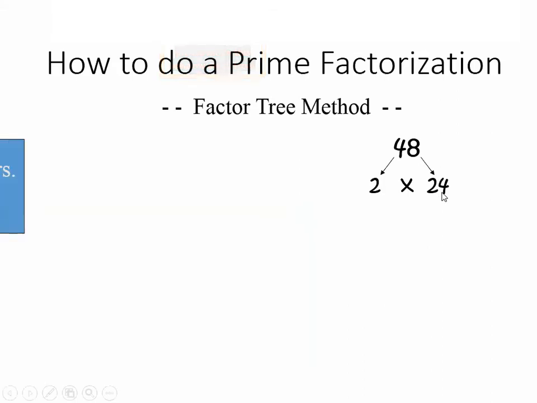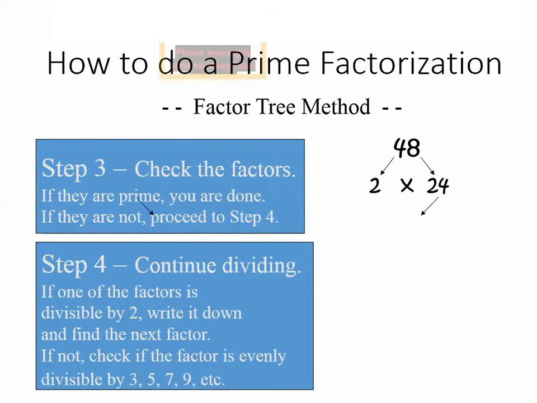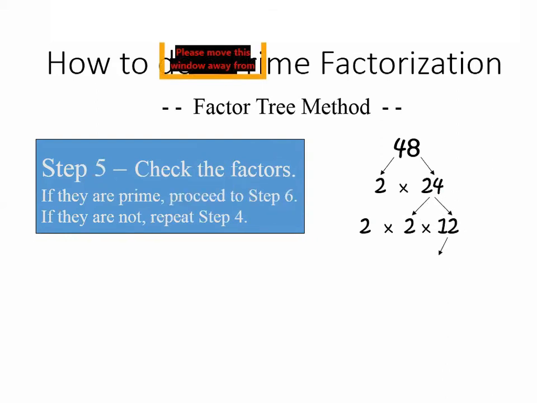Then we divide 24 again by 2. So 2 divides 24 completely, and we get 12. Then we divide 12 again by 2. It is completely divisible by 2, and it becomes 6. 6 is what we have.